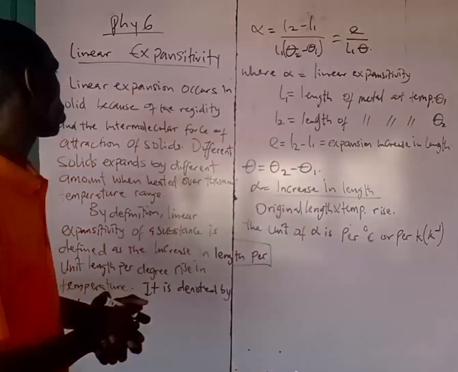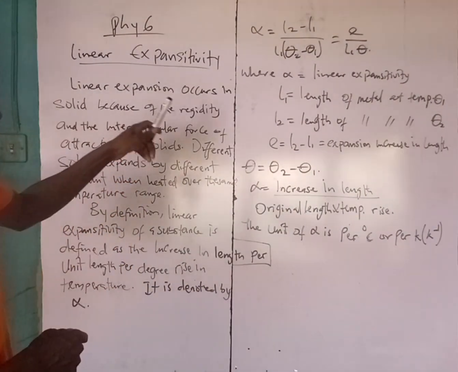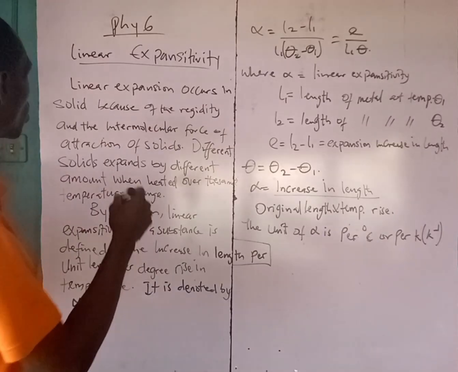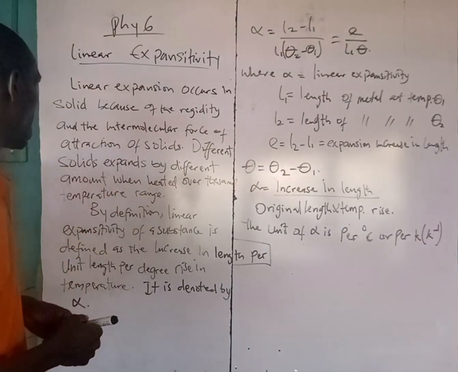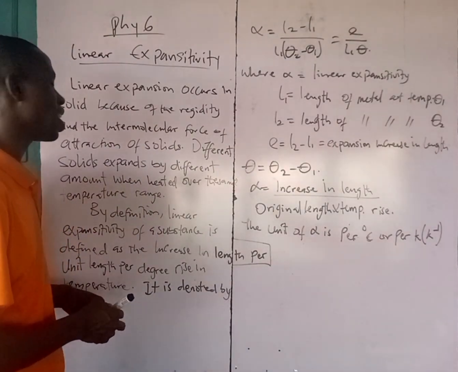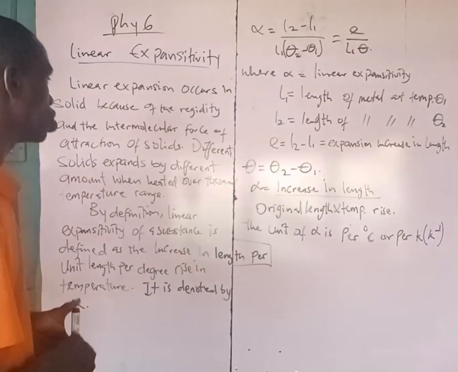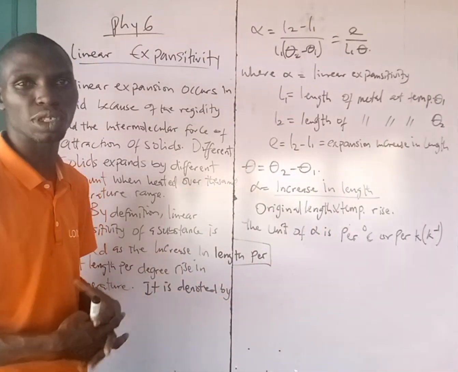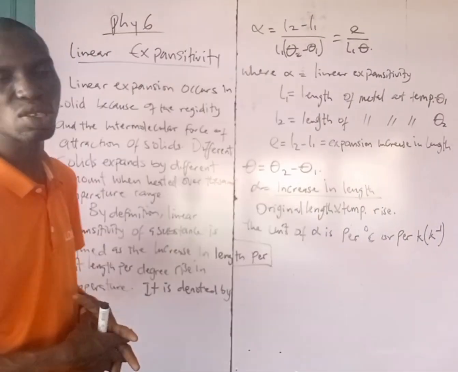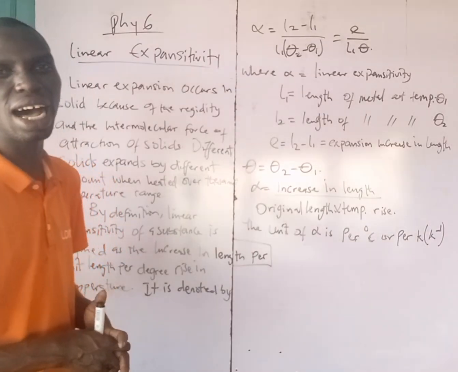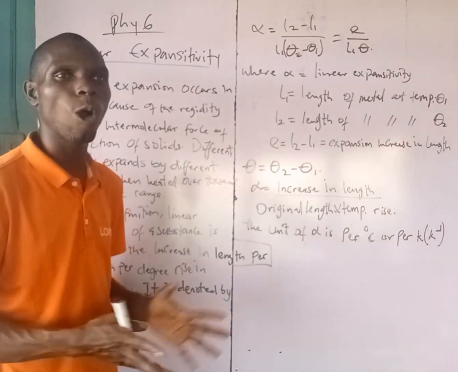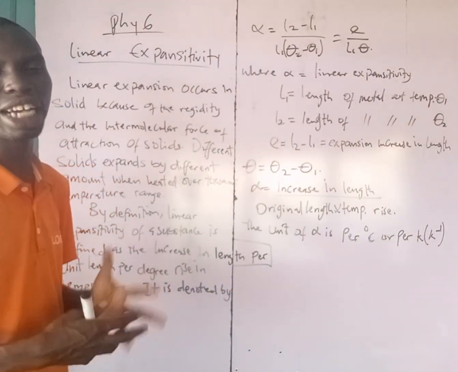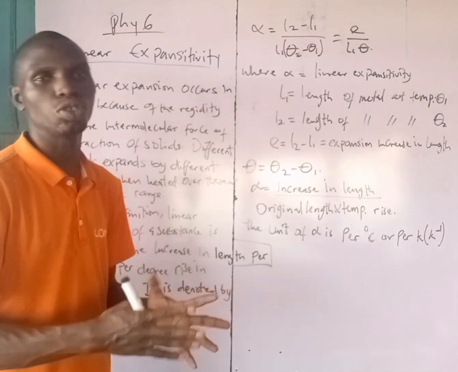All right, so we said linear expansion occurs in solid because of the rigidity and the intermolecular force of attraction of the solid. So that is why it makes it easy for a particular solid, when exposed to heat, to expand.